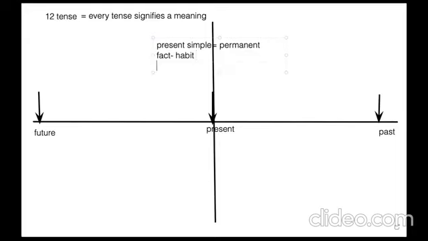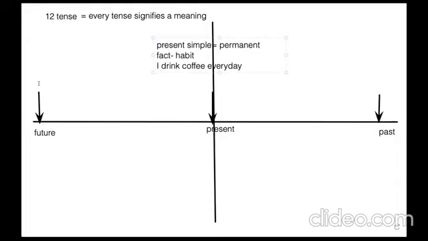A very simple example, like I drink coffee every day. When you say I drink coffee every day, this is my habit. It means that this is my habit in the present, in the past, and in the future.